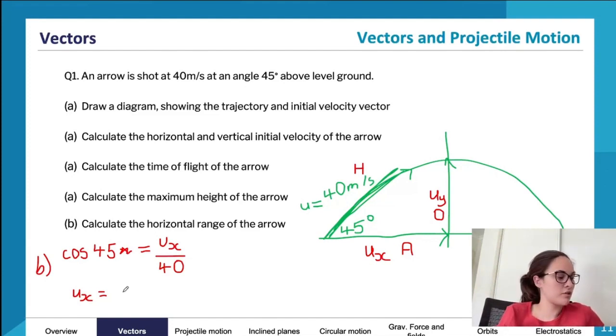You should have gotten an answer of 28.28, and that's in meters per second because we have to use the same units. Now it's going to be very similar for uy, but this time we're dealing with opposite and hypotenuse, so we're going to use sine.